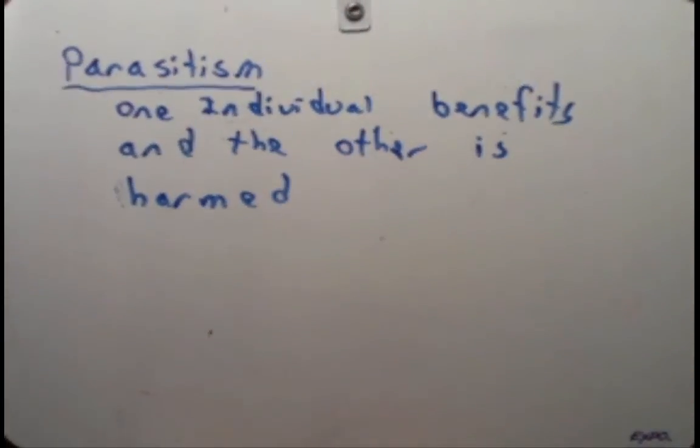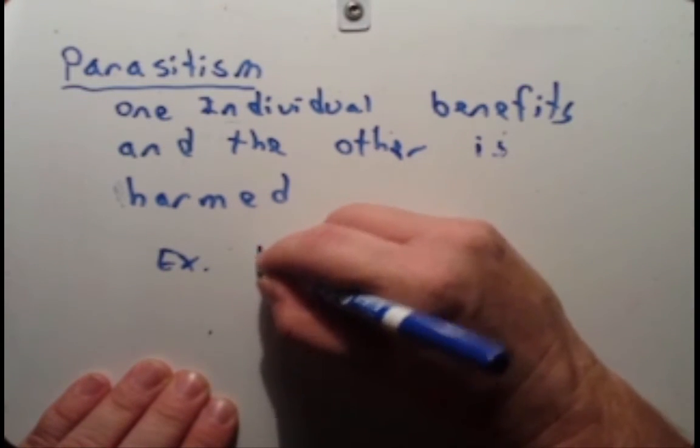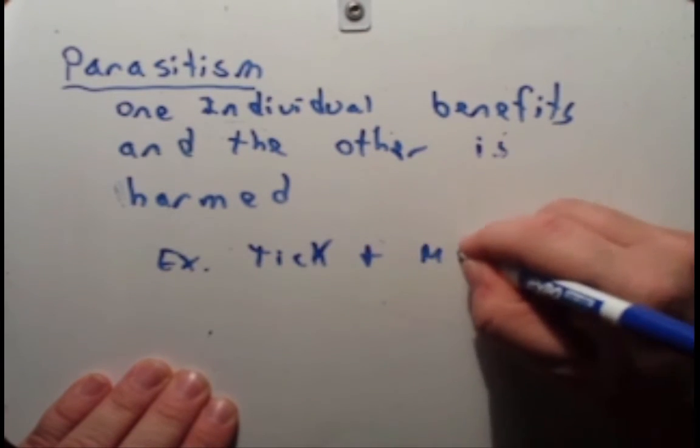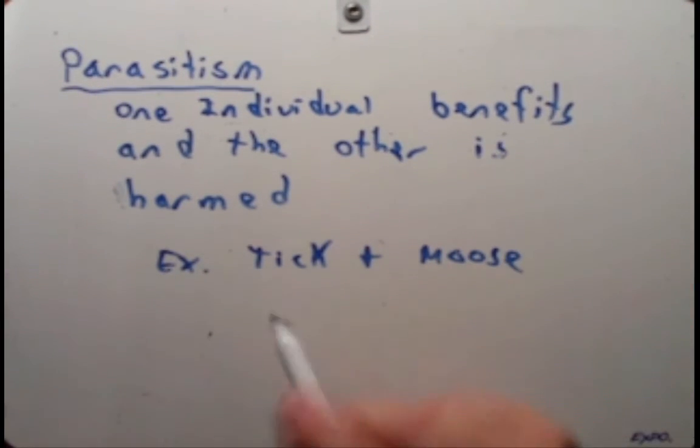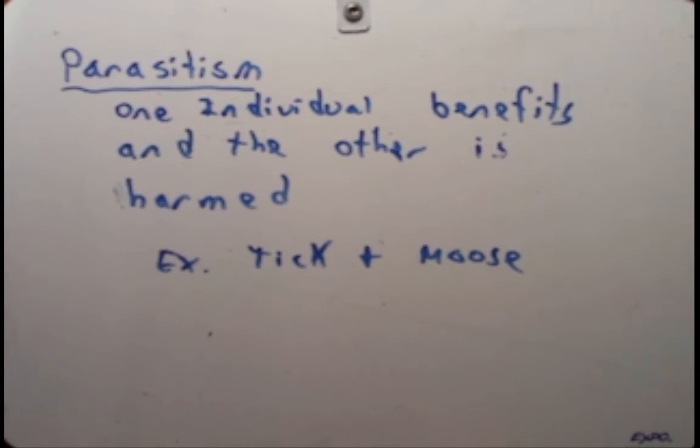Lots of examples of this that we can come up with, and the example I want to give is the tick and the moose. The tick is a parasite, and it will attach to the moose, and the tick needs to do this in order to survive, so the tick clearly benefits.